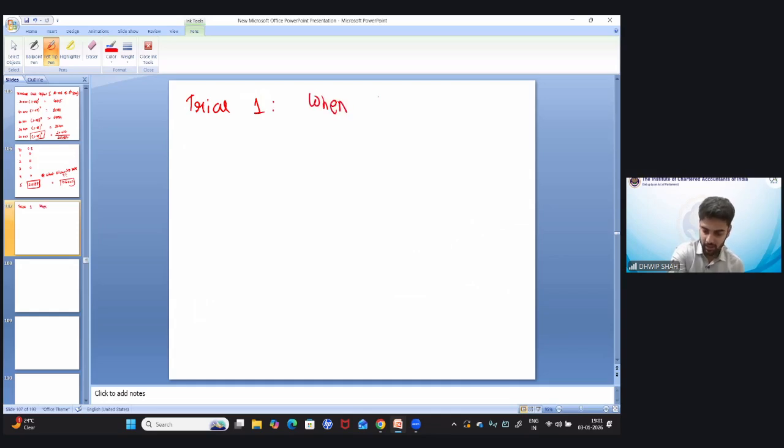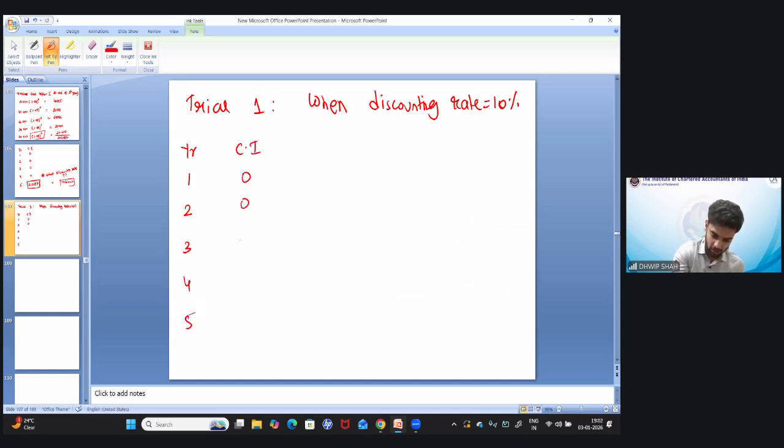When discounting rate is 10%, ठीक है? So can I say year 1, 2, 3, 4, 5. My cash inflows are 0, 0, 0, 0, 2, 1, 3, 5, 87.